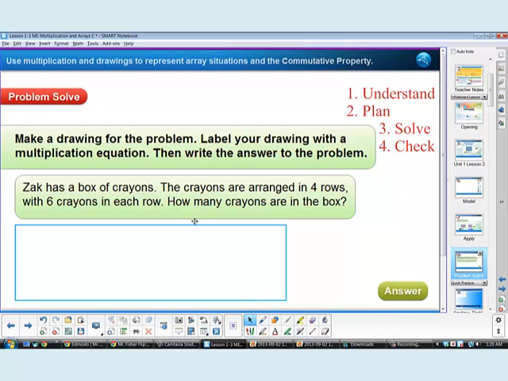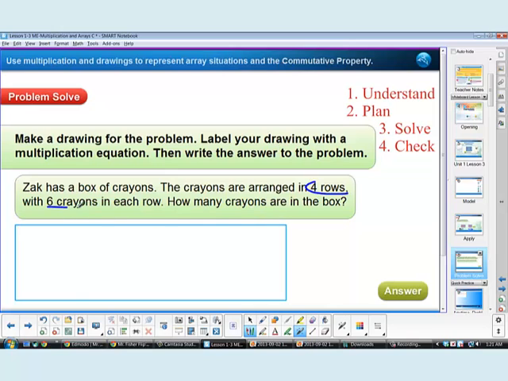Okay. Zach has a box of crayons. The crayons are arranged in 4 rows, with 6 crayons in each row. How many crayons are in the box? So first of all, we need to understand that the crayons are arranged in 4 rows. That's the first part.